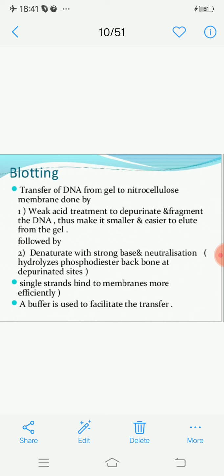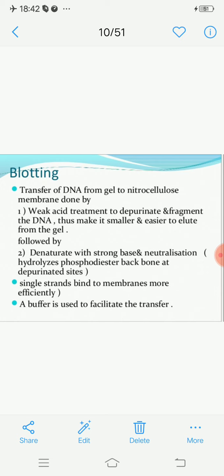Weak acid treatment is given to depurinate, meaning removal of purine molecules. Then denature with a strong base. First of all, weak acid treatment is given to that agarose gel, then denature it with the strong base.